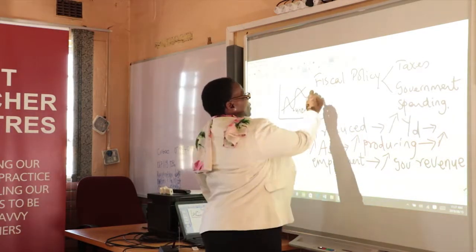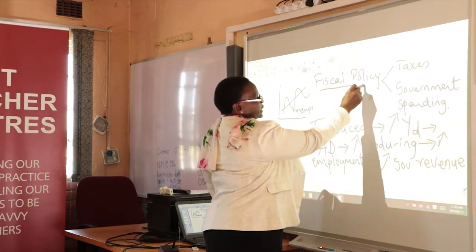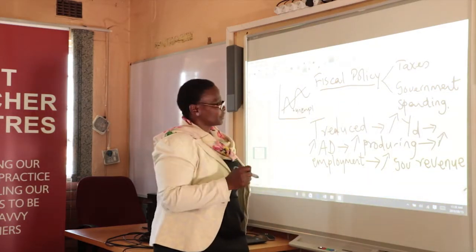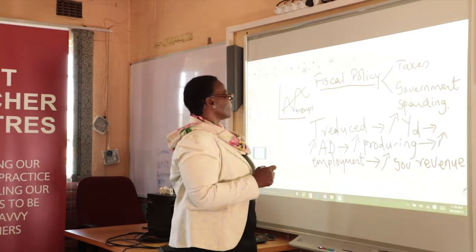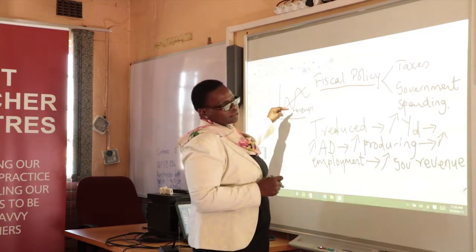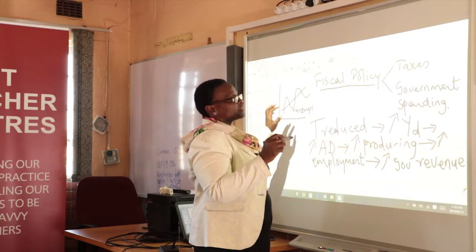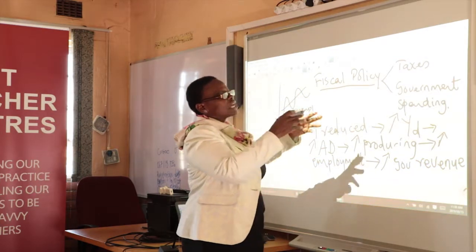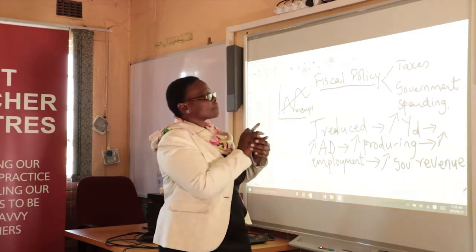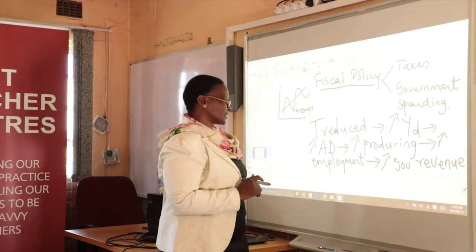Now, this time we are looking at fiscal policy stimulating economic development. Previously, we looked at it trying to smooth out the business cycle. So the learners must know that as much as the measures or the instruments are the same, the context in which they are applied is also important.